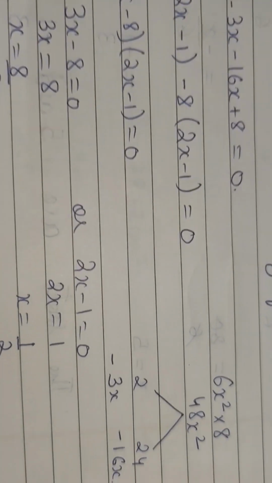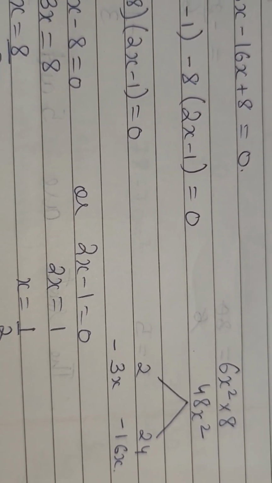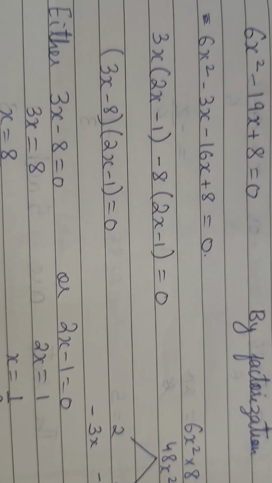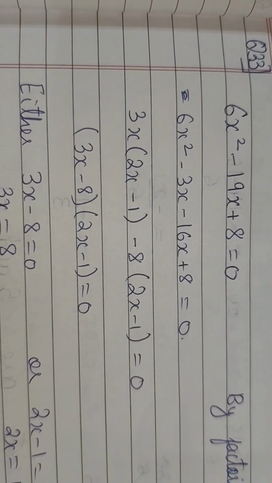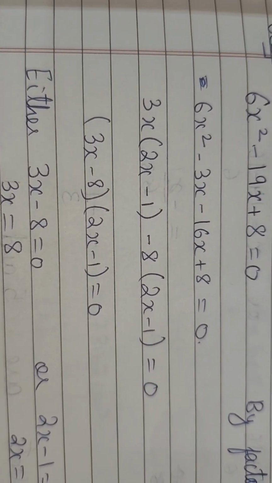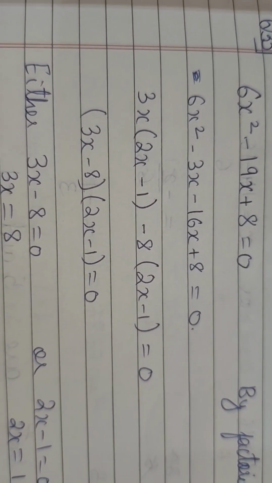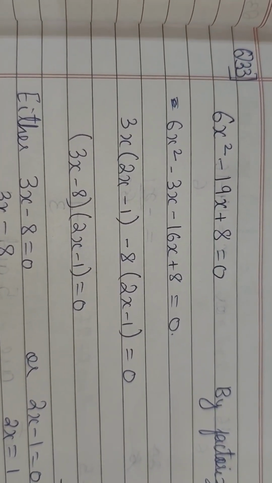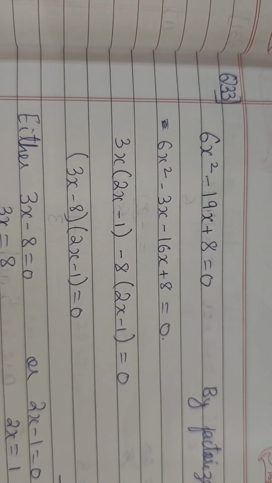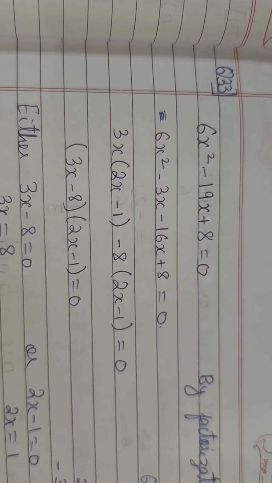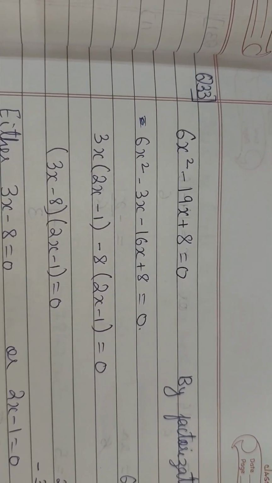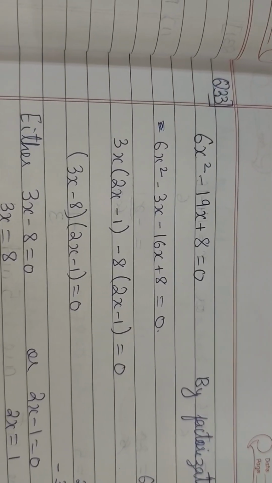But I have to put minus sign for both. So minus 3x minus 16x. Now 6x square minus 3x minus 16x plus 8 is equal to 0. Now 3x is common in the first two terms, so 3x bracket 2x minus 1, and in the second, 8 is common, so minus 8 I have taken out.